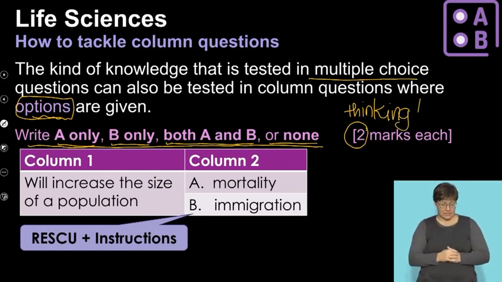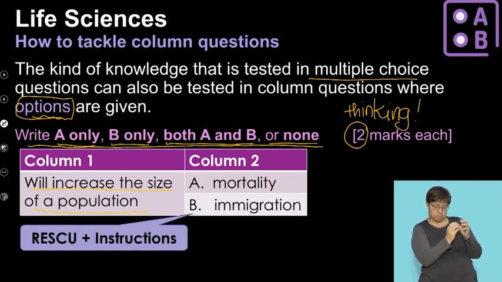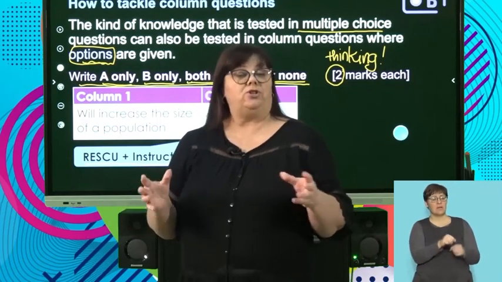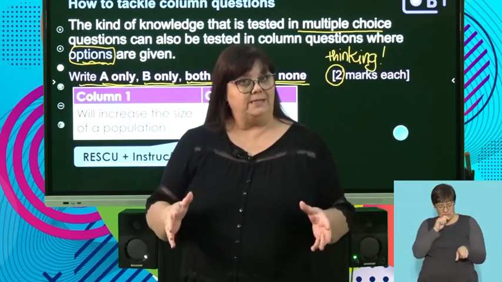This is not just supplying a term. So if column 1 says, will increase the size of the population, and the options are A, mortality, and B, immigration, we're going to use the same strategy that we did for multiple choice.